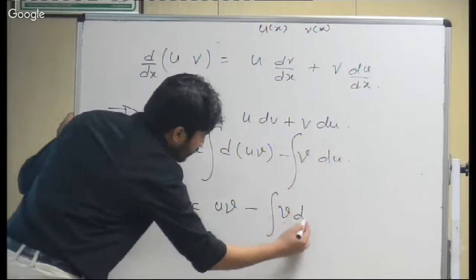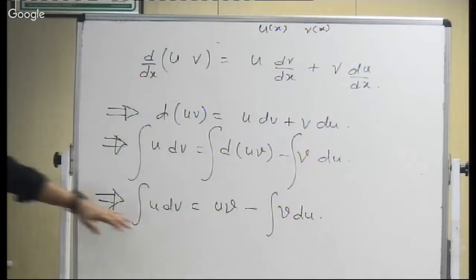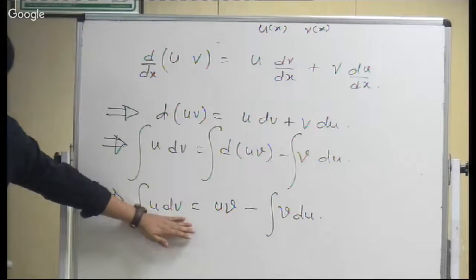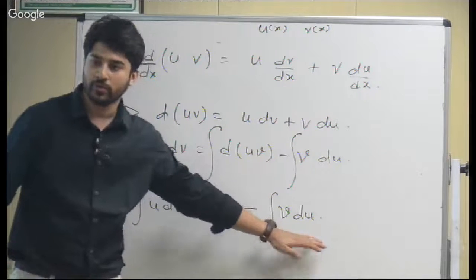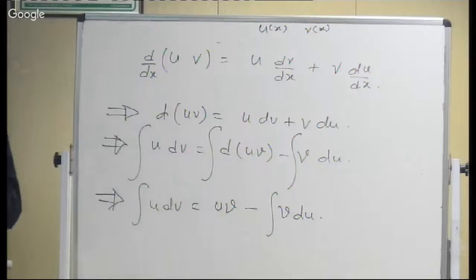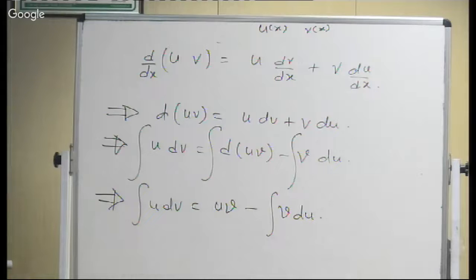Minus the integral of v du. So here the trade is: let's say I have to integrate the function u dv, and I don't know how to integrate u dv, but it is very easy for me to integrate v du. It appears to be a difficult task for me, u dv, but v du doesn't appear difficult. So I can trade it and find it.